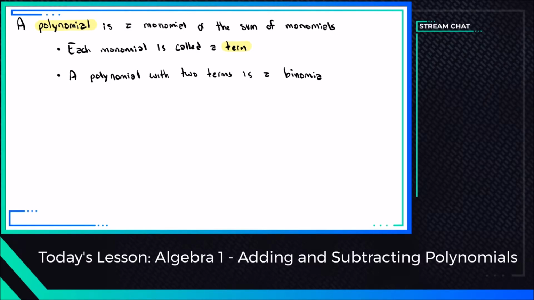The word bi means two, and so if you have two terms, that is a binomial. Likewise, if you have three terms, a polynomial with three of them is going to be called a trinomial.